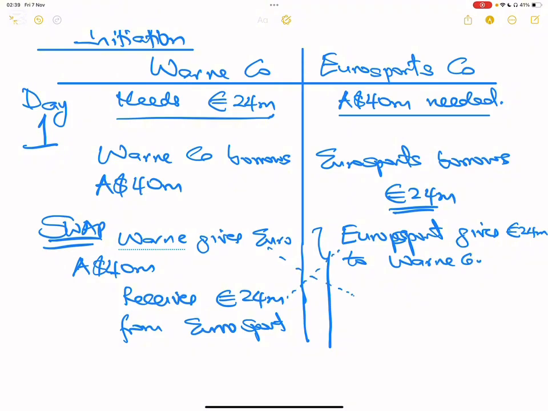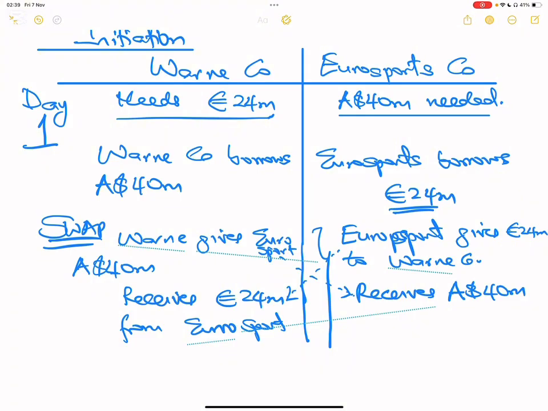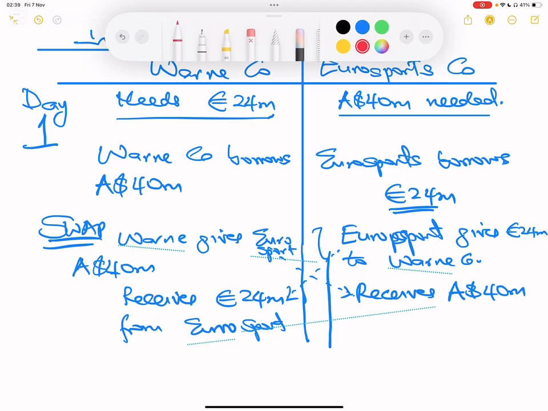And he receives the money that he has been praying for, 40 million Australian dollars. Yeah, I'm talking about Eurospot here. Don't confuse it with currency. Okay, you can see that is the swap on day one that's happened. This goes to this guy, this comes to this guy. They've swapped. And that is day one.